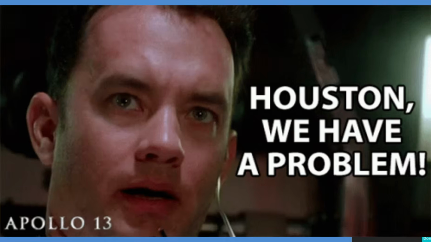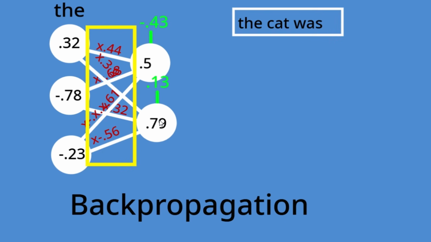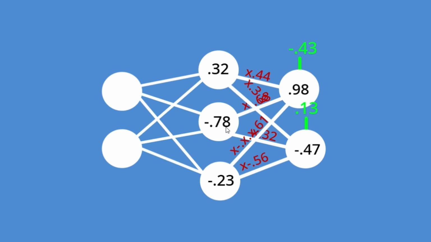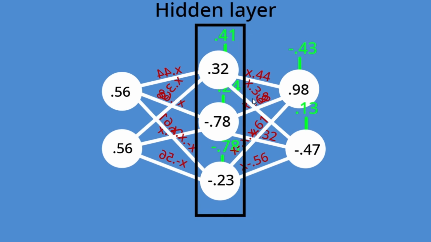But there is a problem here. Whenever we tweak the values to make "cat" equal to the word "was", we also kind of messed up the values for the word "the" equaling "cat". So when we input "the" again and we use the same weights, it gives us a value that does not equal anything. The only solution to this is to add more layers. So this layer of neurons is called the hidden layer, and the more hidden layers you have, the more patterns that it can learn.